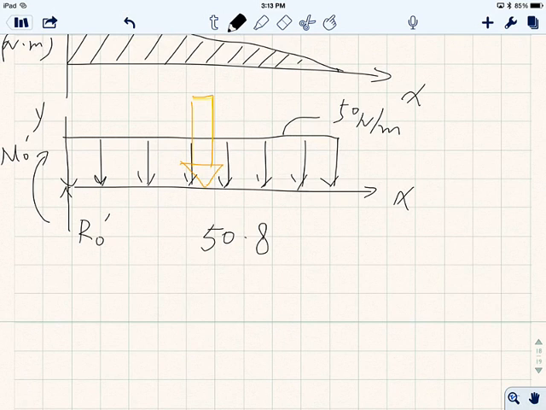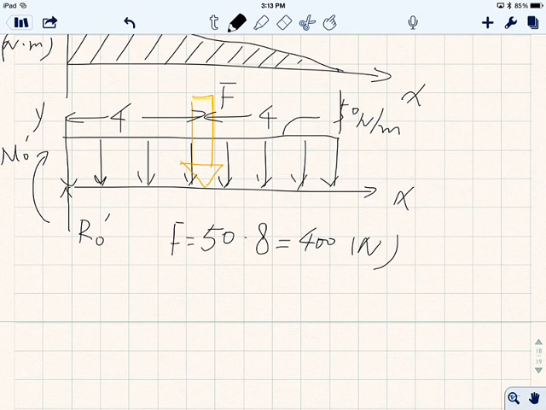So let's say this is force F. So F equals 50 times 8, yes, 400 newtons. And the location is right in the center, 4 meters on each side, okay?